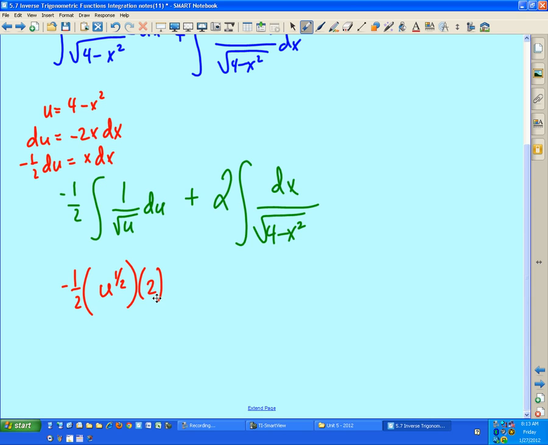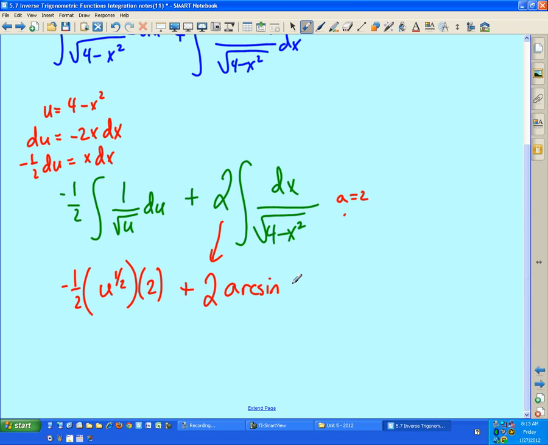And then over here we have 2 times this, and it looks a lot like arc sine, where a is 2 and the x is just x. So it's going to be 2 times the arc sine. This 2 comes from right there, and then this arc sine is just the rest of the function, which is x over 2 plus c.